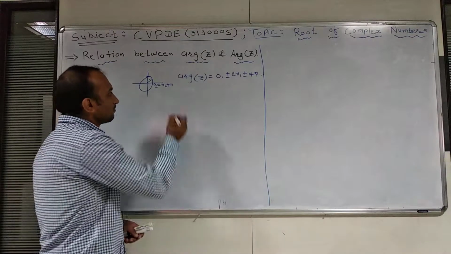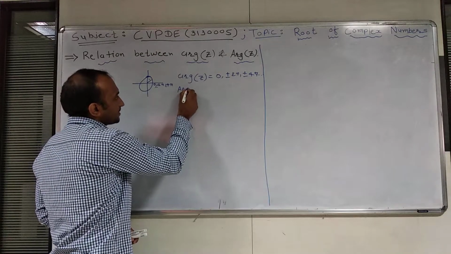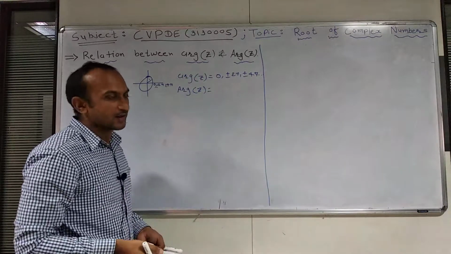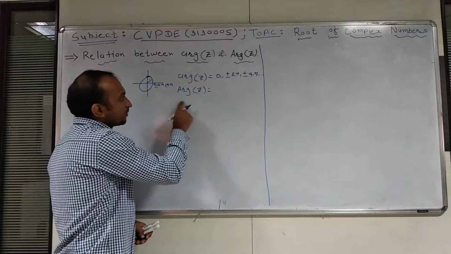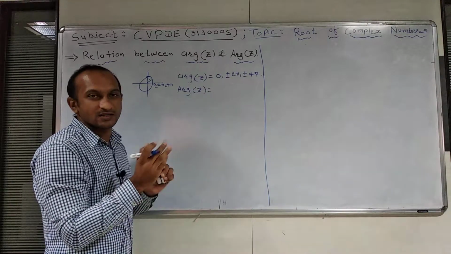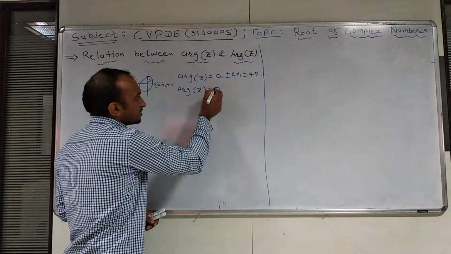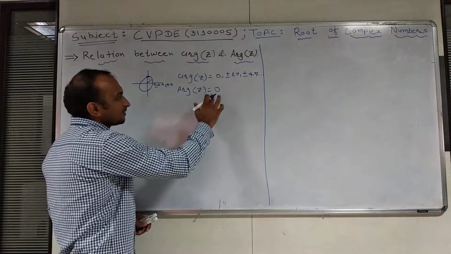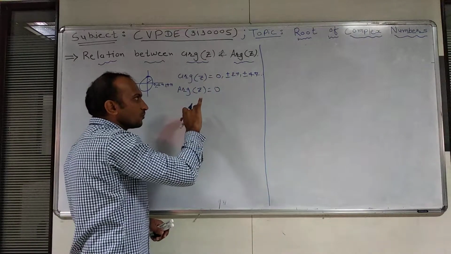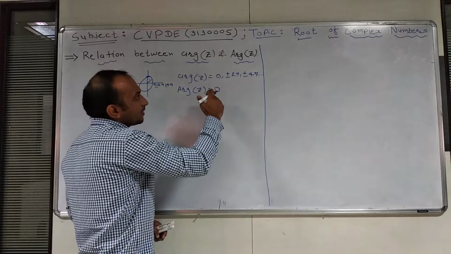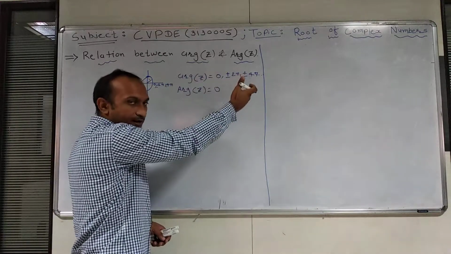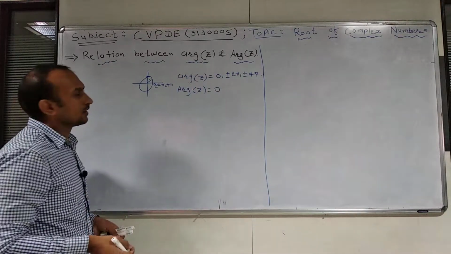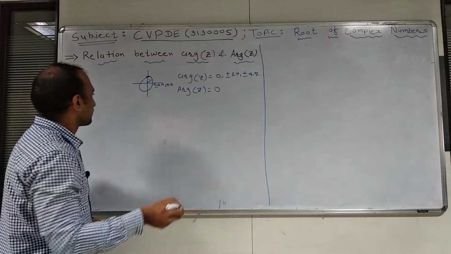But the principal argument has a restriction: it is also an angle, but the principal argument must belong to minus pi to pi. At this point the principal argument is 0. If we add 2 pi we get 2 pi, if we subtract 2 pi we get minus 2 pi, and if we add 4 pi we get another simple argument. By this manner we get a formula for the relation between principal argument and simple argument.